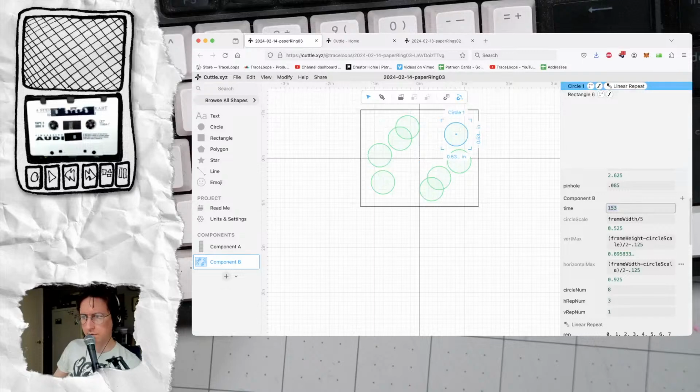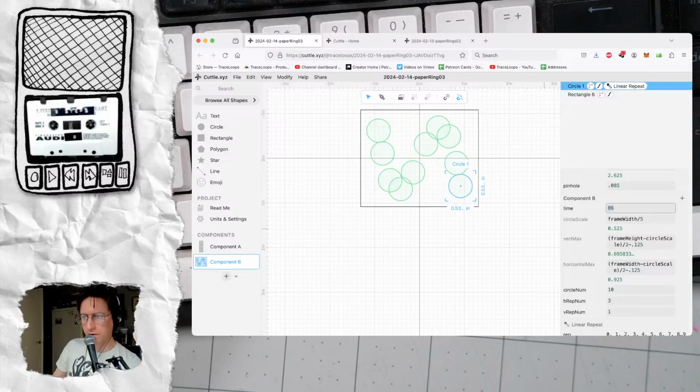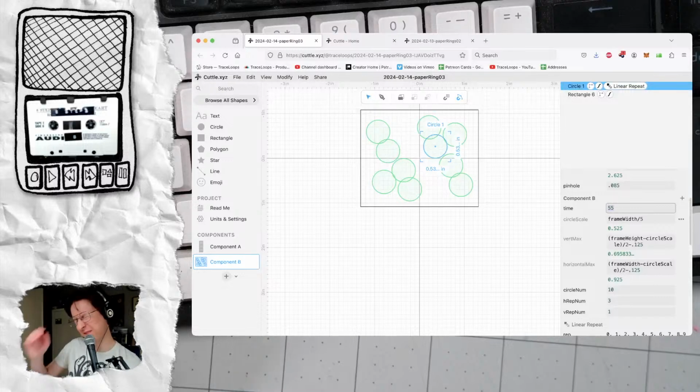This one's more fun. What's happening here is I'm increasing the speed of the, or the scale of the vertical or horizontal repetitions, how many times it will repeat.